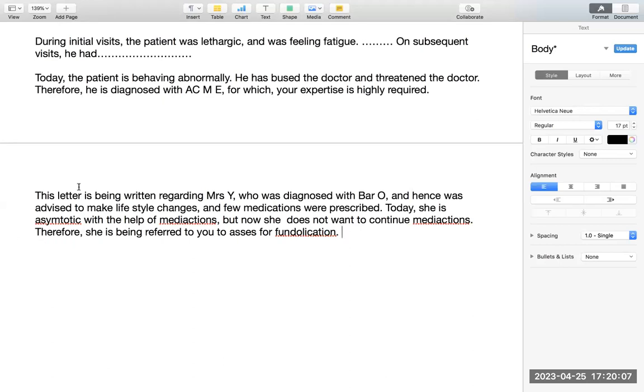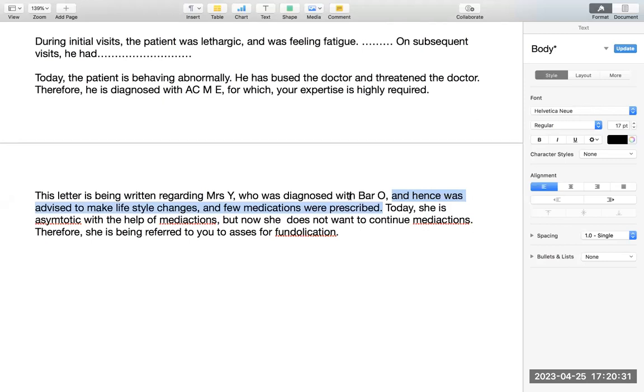So I've told the senior doctor, the gastrointestinal surgeon, that this lady came to me with Barrett's esophagus, was diagnosed with Barrett's esophagus, and she was advised to make lifestyle changes. See the nice connectors, and hence was advised to make lifestyle changes, and few medications were prescribed. This is grammar. Was plus third form means passive voice.